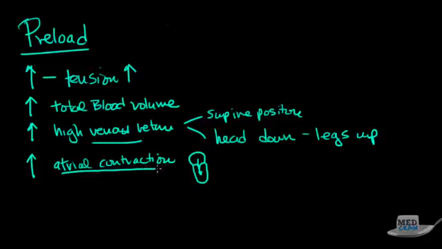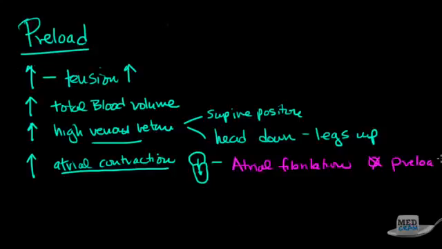So atrial contraction is one of the big things involved with preload. And that's important because if you have something called atrial fibrillation, guess what? You're not going to have preload or as much. So atrial fibrillation diminishes your preload.